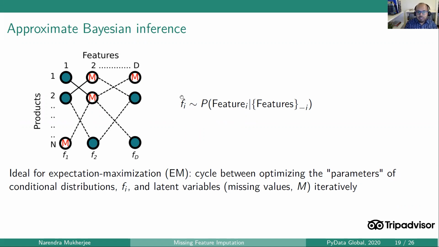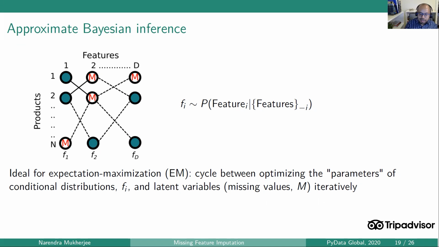And if we have this conditional relationship, this is ideal for an expectation maximization or EM recipe. So you cycle between optimizing the parameters of the conditional distributions F_i, so it could be the mean and variance of these conditional distributions that you are trying to optimize, and the latent variables, the missing values M themselves. And that's a very standard EM approach to do this.